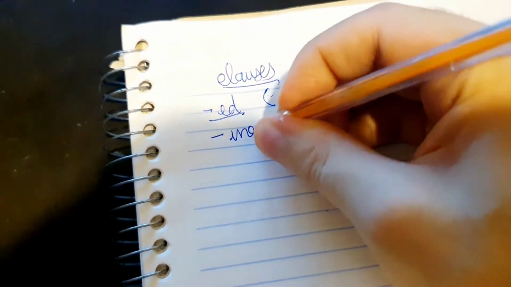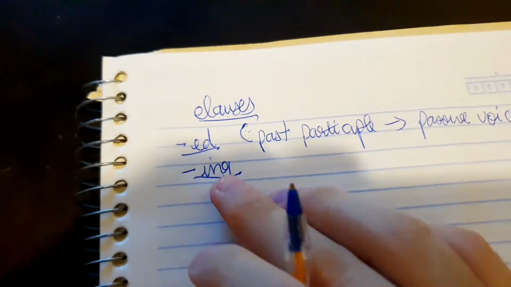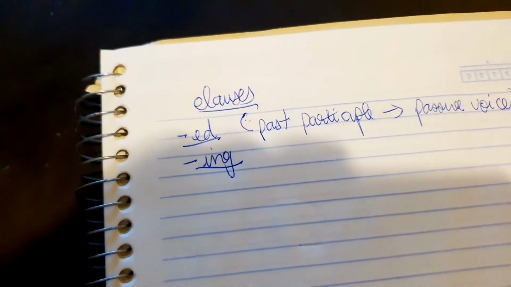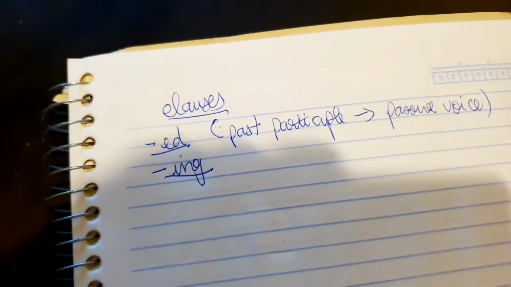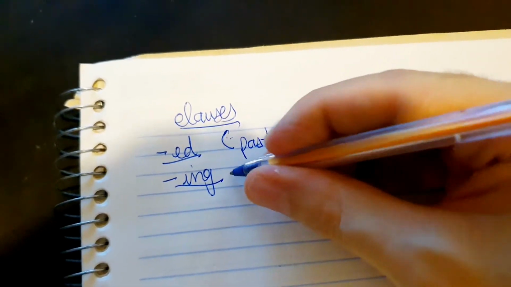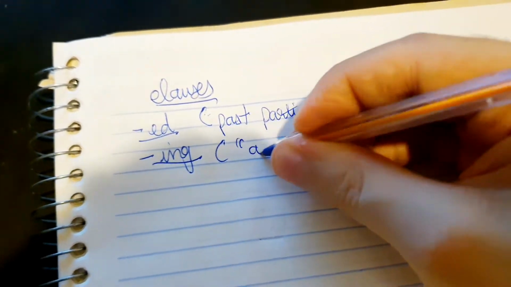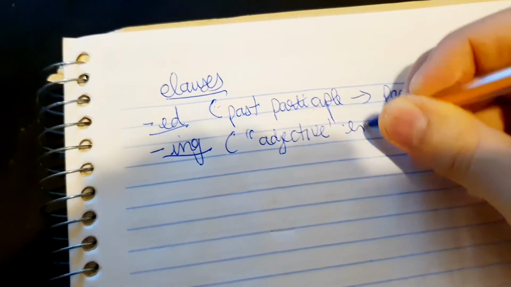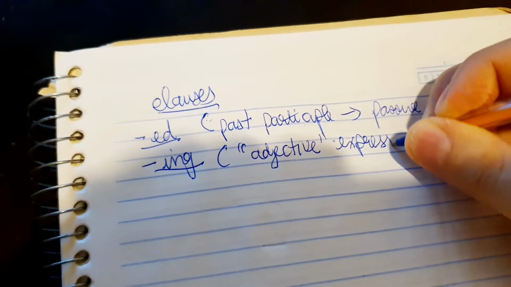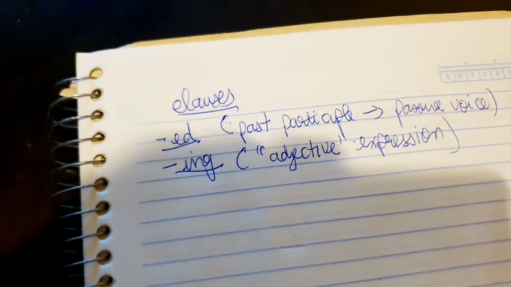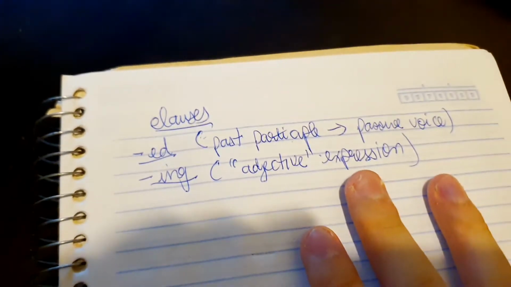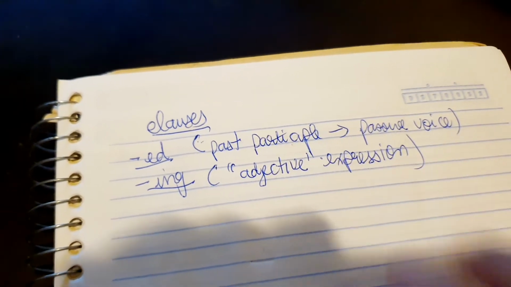And you can also start sentences or clauses with ing, expressing ideas which complement the noun, right? It's like an adjective. They work as an adjective expression because they explain something more, right? They give further details about the noun you are saying in the sentence.